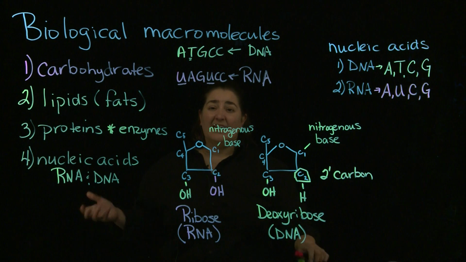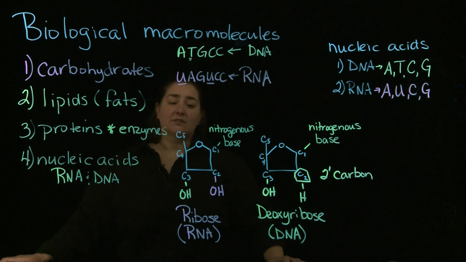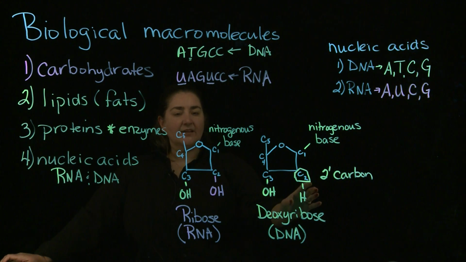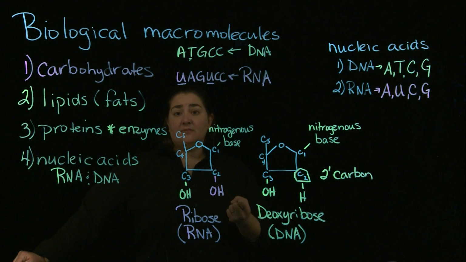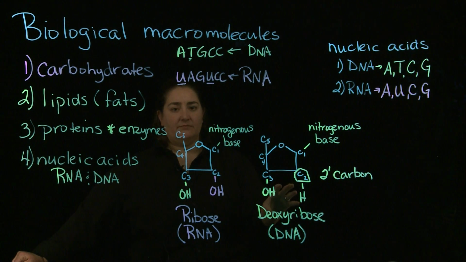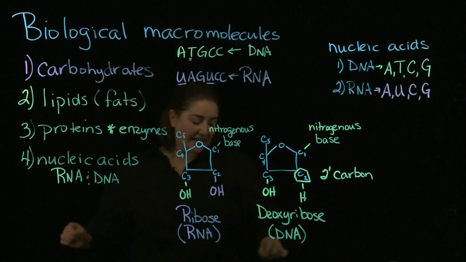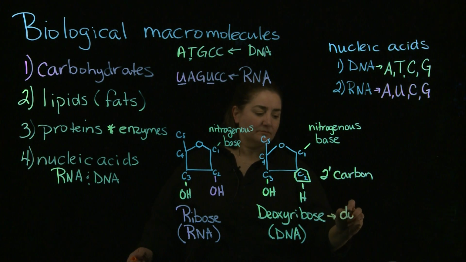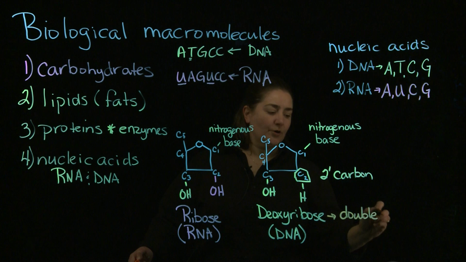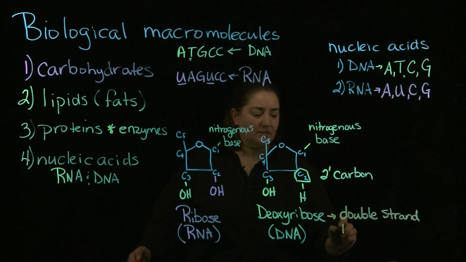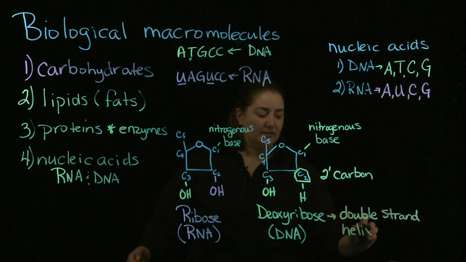In terms of chemical properties, the difference between having that hydroxyl group there versus the hydrogen makes a big difference in the three-dimensional structure of RNA versus DNA. DNA has the ability to form a double-stranded helix.